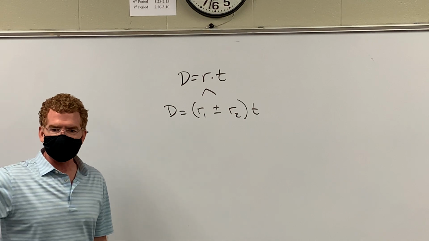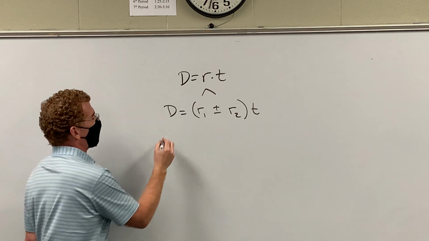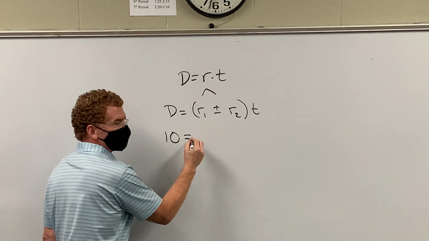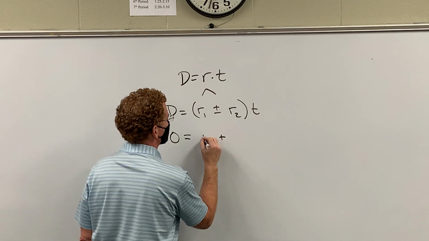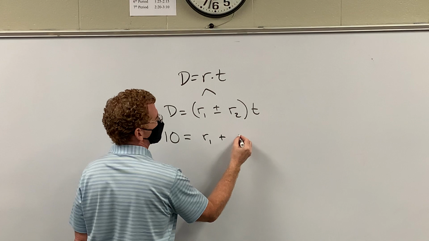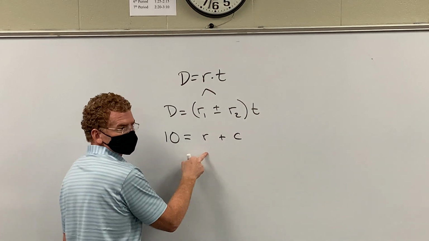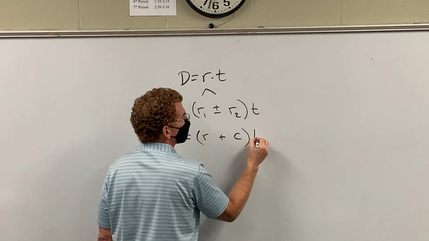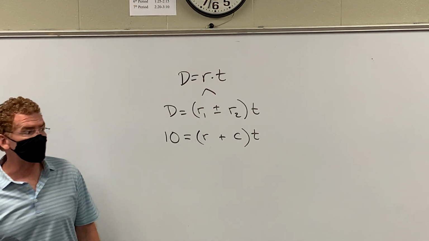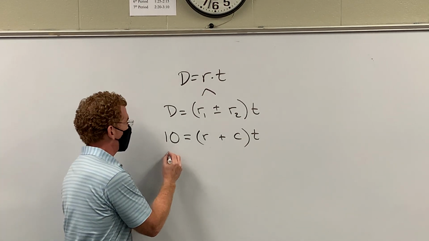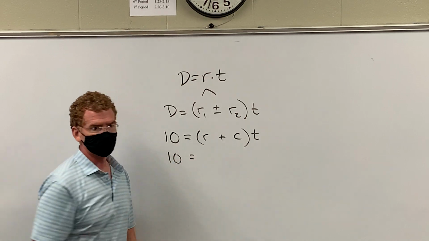I paddle my boat for 10 miles downstream. What's downstream going to do? Add my rates together. And some people like to put C in there for current. Maybe. Right? And I don't know how much time it took me. What about this? Then on the way back, same distance, now I have to paddle upstream.